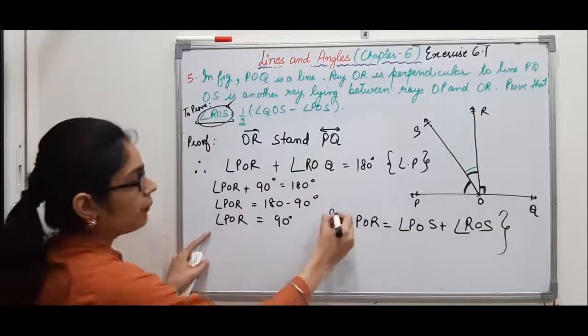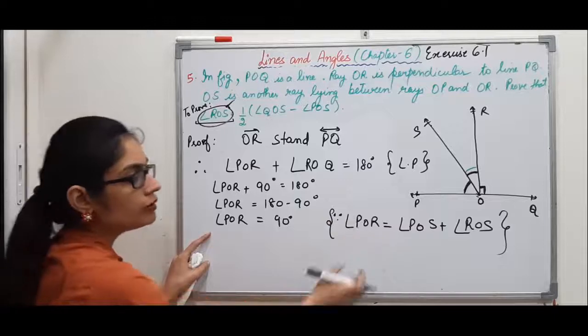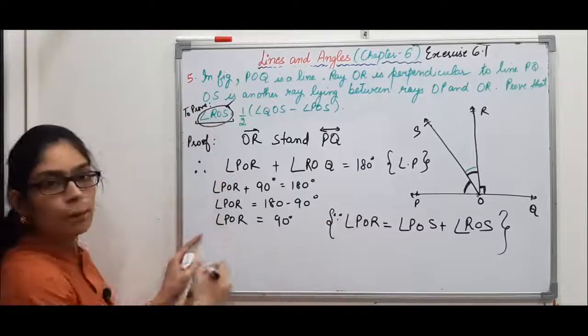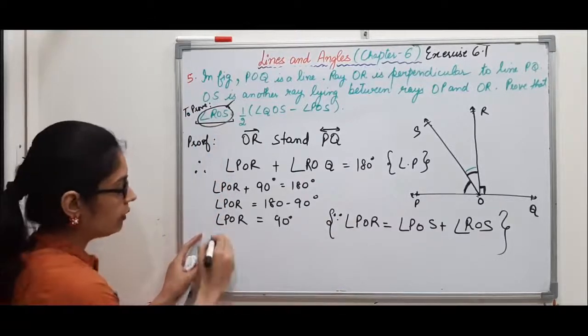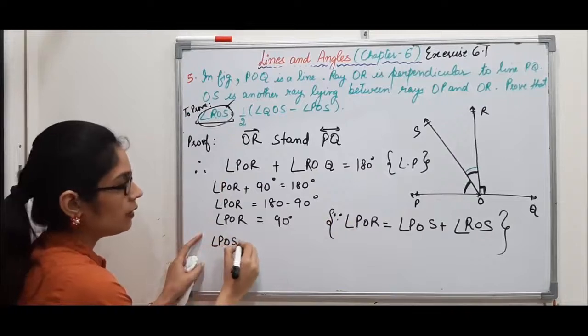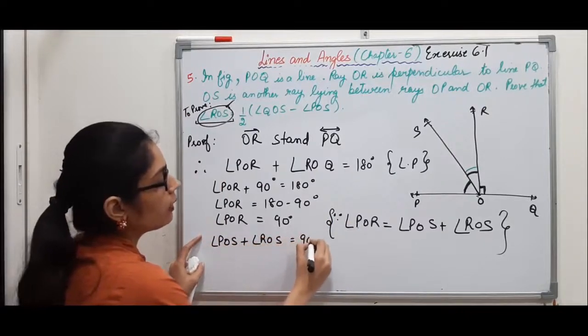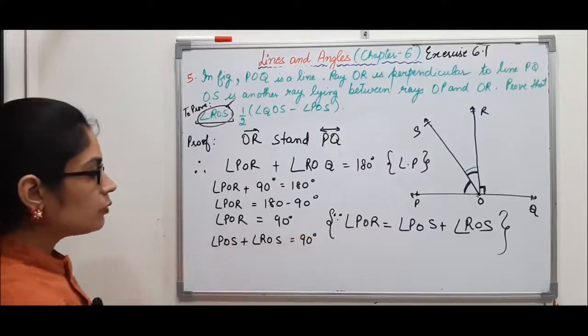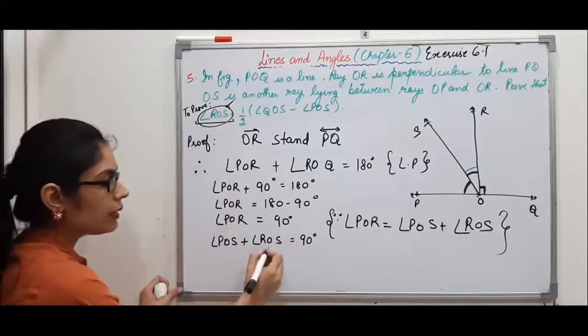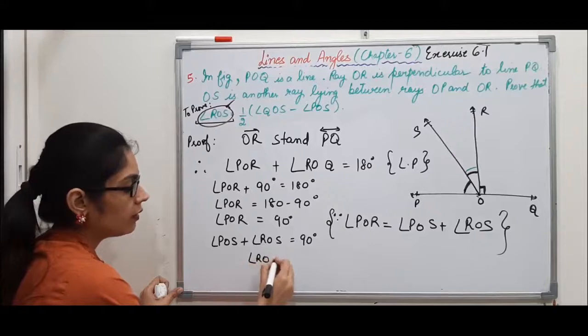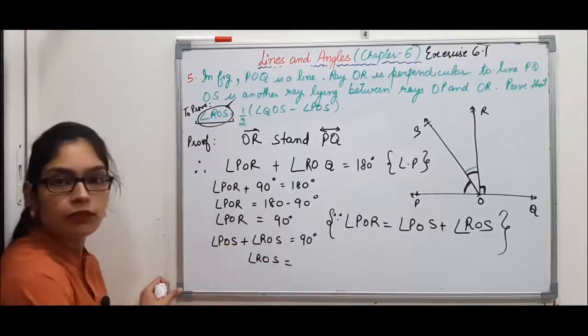So in place of POR, now we will write angle POS plus angle ROS, it is equal to 90 degree. Since we need the value of ROS, we'll keep ROS on this side and POS will shift to the other side.